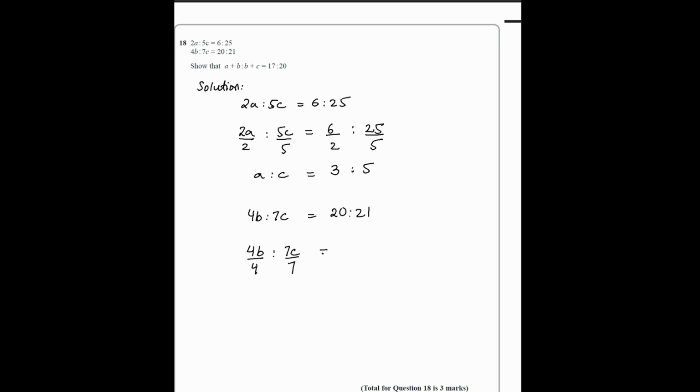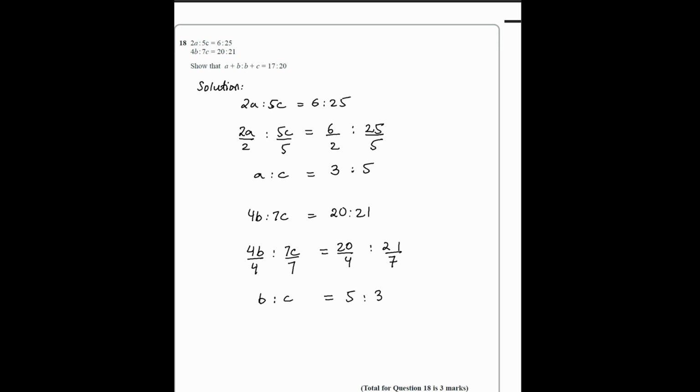The first term is 20, the corresponding term for b, so we divide 20 by 4 and 21 by 7. 4 divided by 4 is 1 and that is b. 7 divided by 7 is 1 and that is c. So b is to c equals 20 divided by 4, which is 5, is to 21 divided by 7, which is 3. Now we are getting b is to c as 5 is to 3.